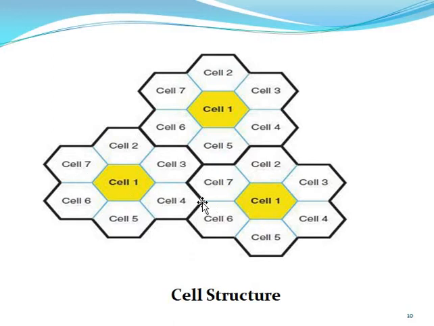The network is not disconnected, but the data conversation or data transmission goes directly to the base station, and the base station goes directly to the cell. So the signal moves directly from this cell network to that cell network for the cell division. So this is the importance.